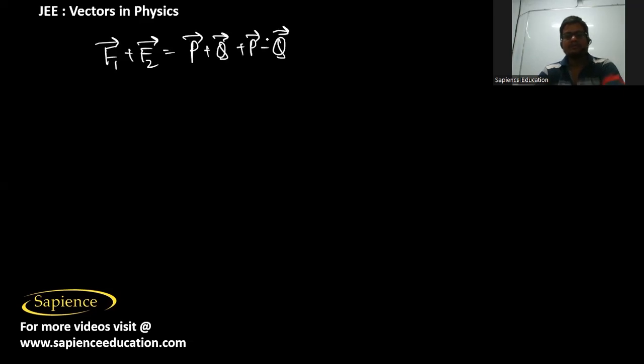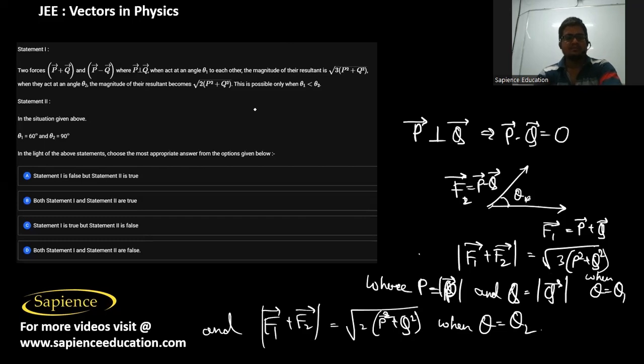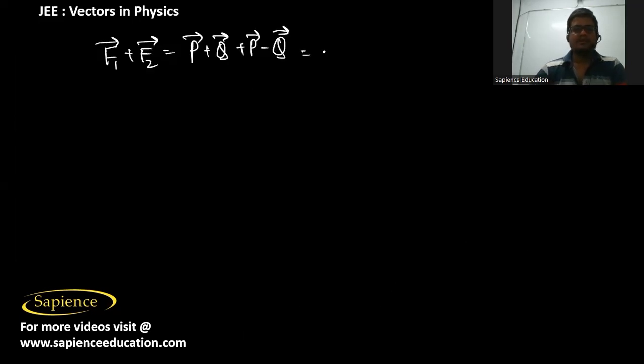So F1 plus F2 will be obviously equal to P plus Q plus P minus Q. So that is equal to 2P.